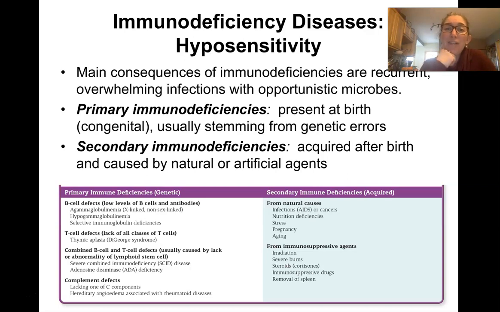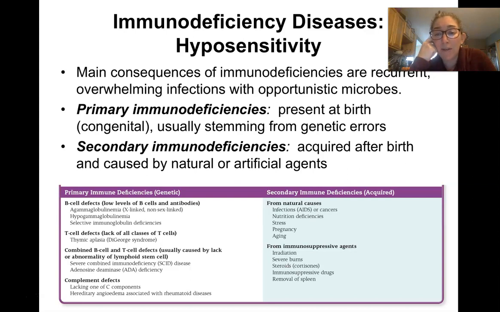And immunodeficiencies can happen one of two ways. You can either basically be born with it. We call that a primary immunodeficiency, something genetic or congenital. Or there are immunodeficiencies that you can develop over time, usually as a result of medication or of an infection, and we call those secondary immunodeficiencies.